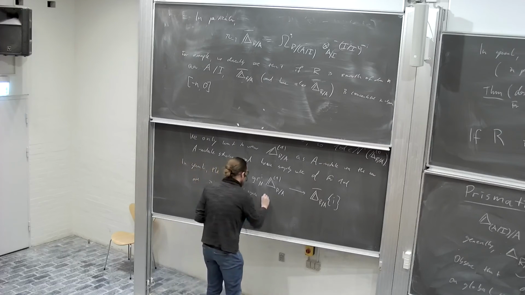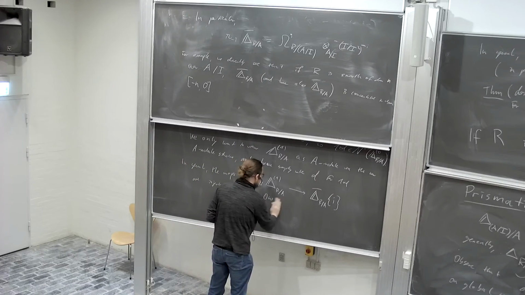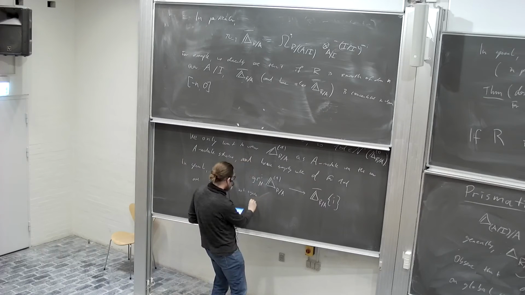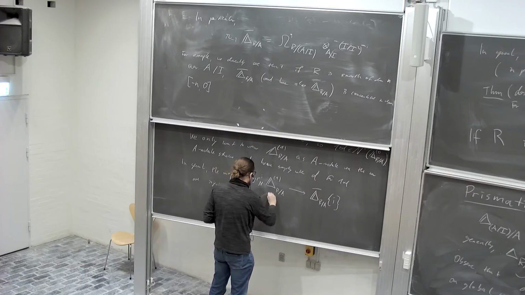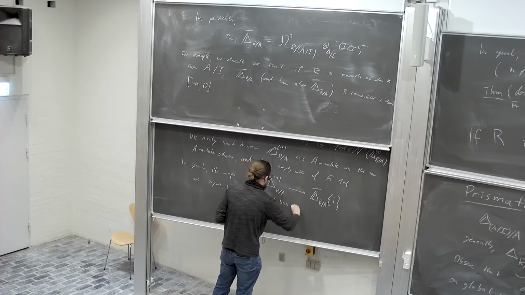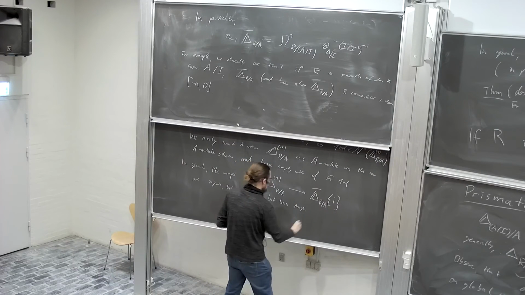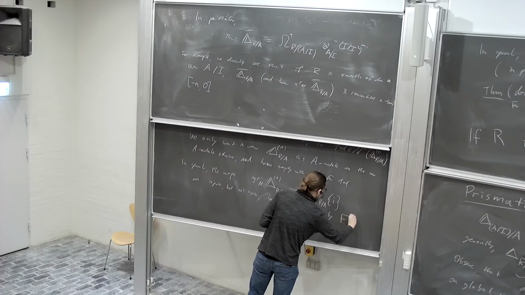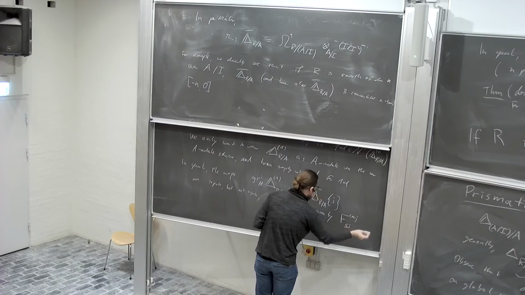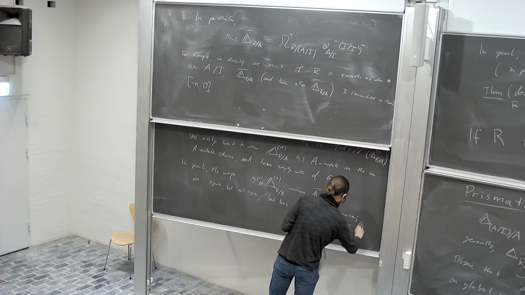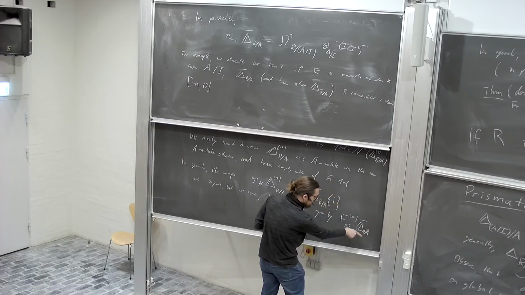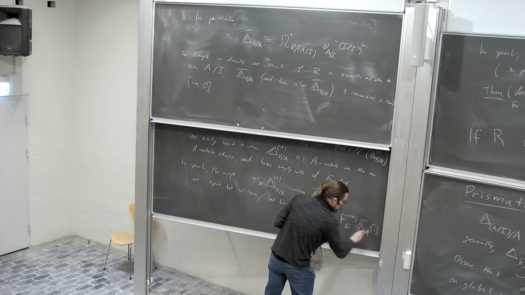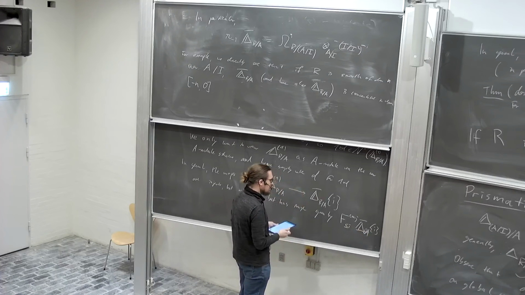So, or maybe let me say this here. It's not surjective, but it has image given by this conjugate filtration guy that we saw earlier. We discussed this as a filtration on prism bar, but I can of course tensor by that line bundle.